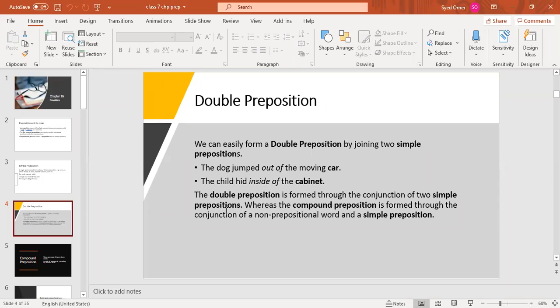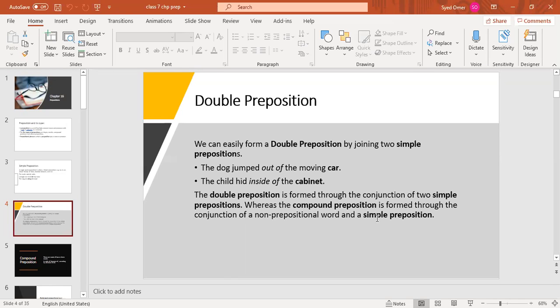And a compound preposition is formed by the conjunction of a non-prepositional word and a simple preposition. It means that when you join a preposition with a verb, a noun, an adjective, or an adverb, then it becomes a compound preposition.